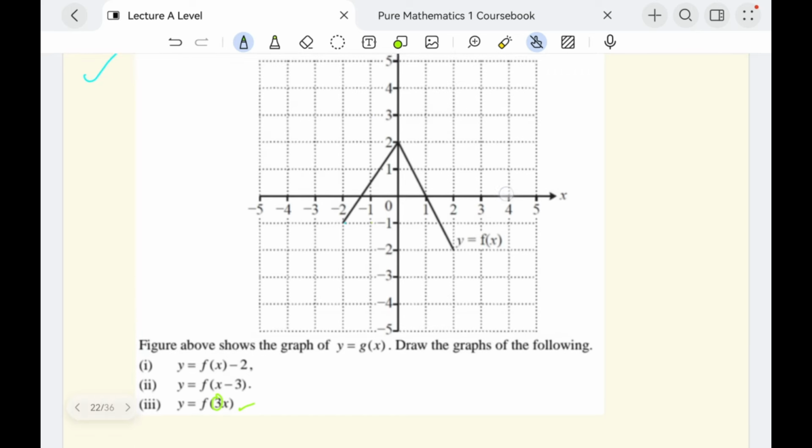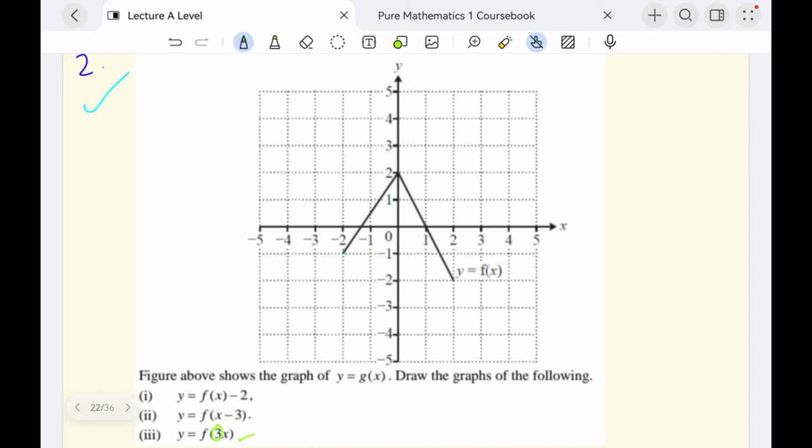Okay, so for the same y coordinate, you need to divide your x coordinate by 3. So here you have 1, you need to divide by 3, so it's 1/3. For this new transformation of the x coordinate, I will approximate the 1/3 position about here. And for this it is 2/3. 2/3 is about here.